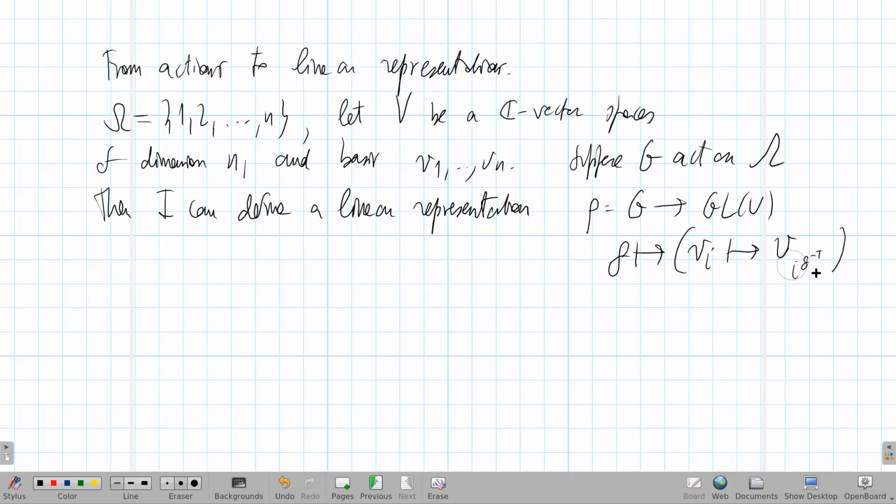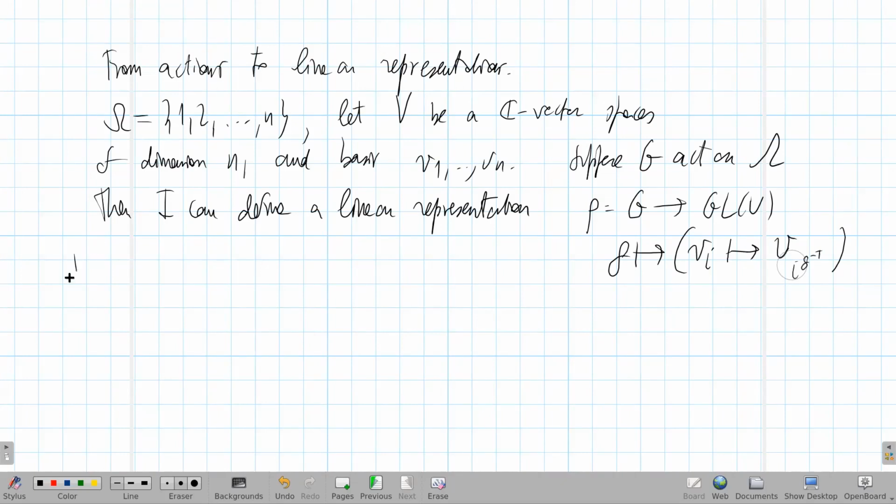Well, I'll discuss it when it matters. So what I do is I take the elements of a basis and I permute them according to the action G has on omega. And actually, I can do this for every set.